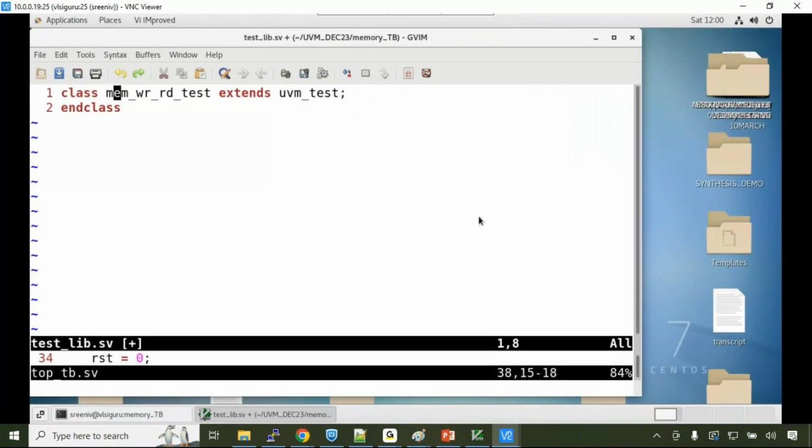Below the top root, below root test, below test, what is there? Environment. That is mem environment. Here we are instantiating the environment below the test. That is the second part of it.